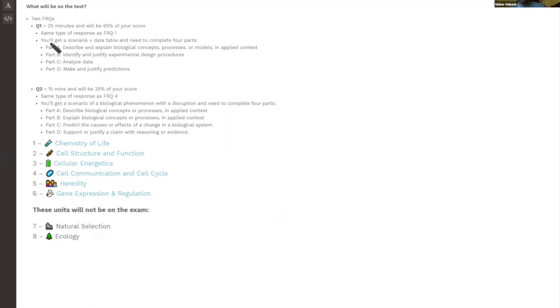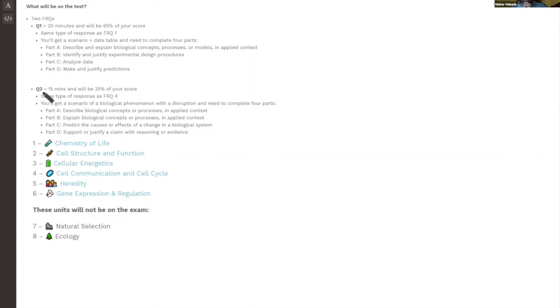But what's going to happen here is you have a scenario, definitely going to be given a data table, and complete a few parts. Describe and explain the concepts or processes that are going on. Identify and justify an experimental design procedure. Analyze some data and make and justify predictions.